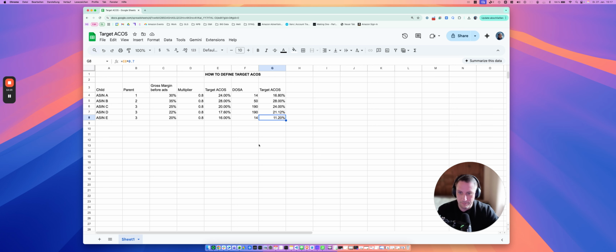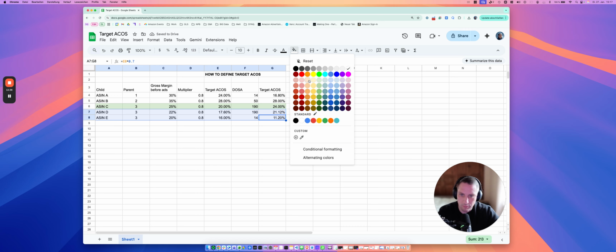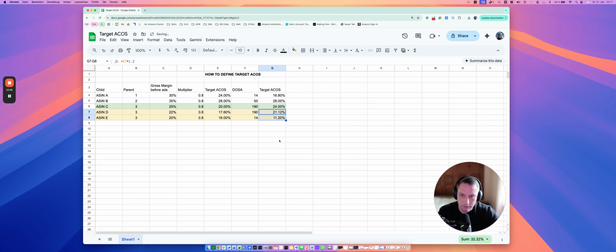Now, why did I add a parent here? Because now there comes the interesting part. Let's assume you're advertising all the children. This is important because if you only advertise one of these three, let's say you only advertise this one, and you're not advertising the other two, well, then it doesn't matter what target ACOS they are getting.